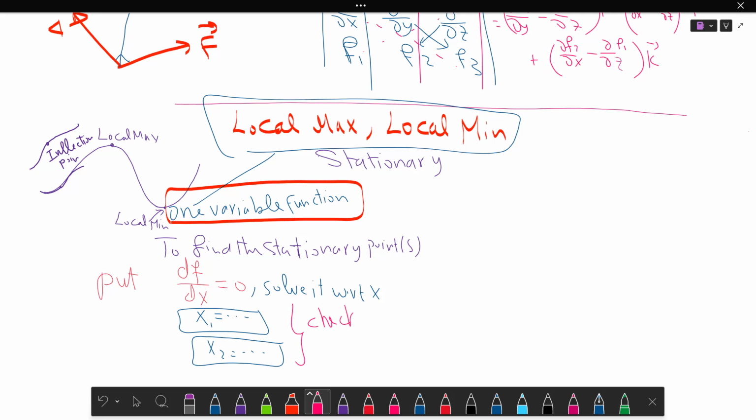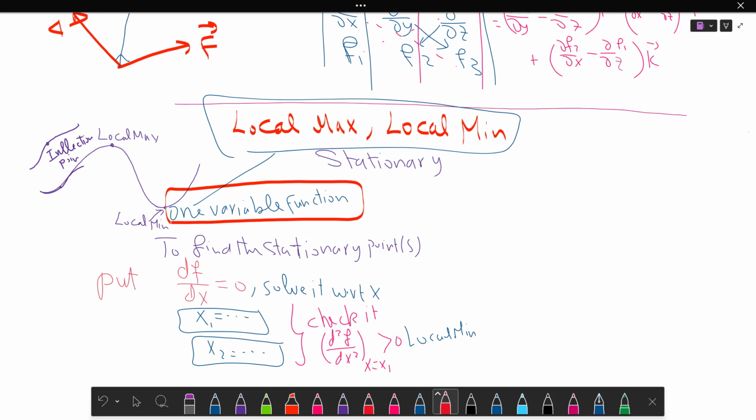Okay? The next step, how to check this one? You check it: local maximum or local minimum, right? If the second derivative at x equal to x1, say, is positive, we call it local minimum, right?